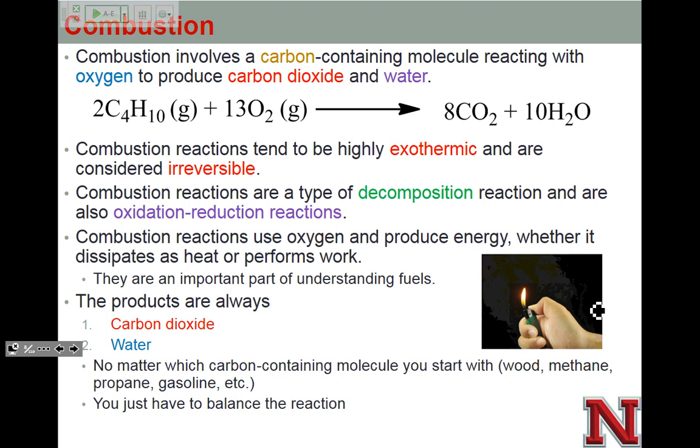So there are two big things to note with this formula. If we are burning this carbon-containing molecule and O2 to form CO2 and H2O, and because we cannot form something from nothing, the only place that carbon in our product can come from is our carbon-containing molecule in our starting material.